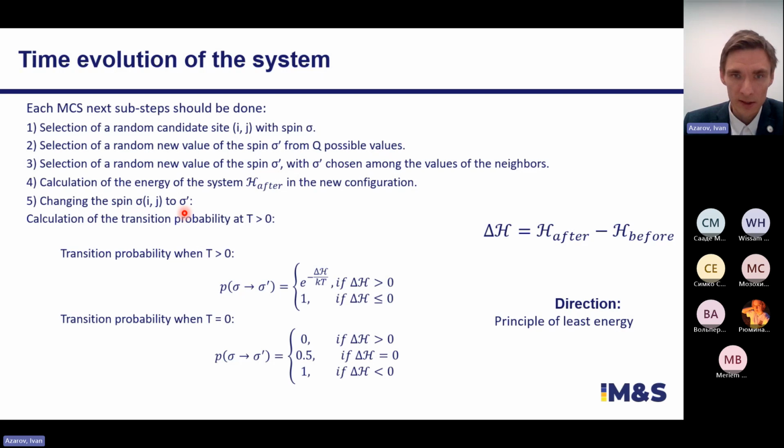Of course, it's a probability law. To be more appropriate and comfortable, the whole condition is divided into two cases. When the temperature of the system is larger than zero, if delta Hamiltonian is larger than zero, we should calculate the probability in such Boltzmann form with delta Hamiltonian and temperature.